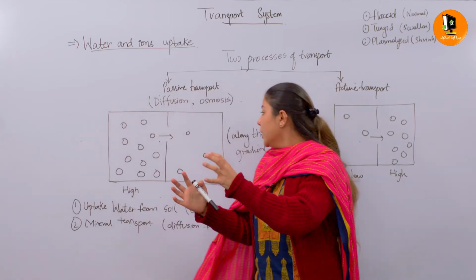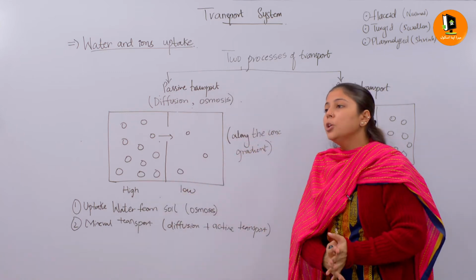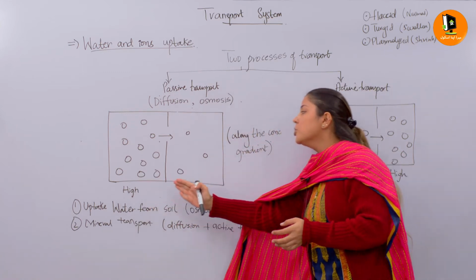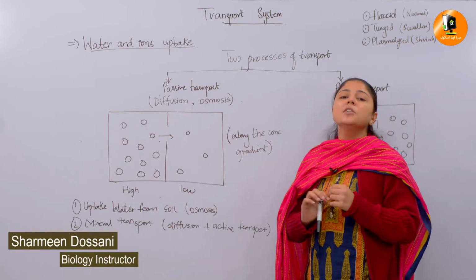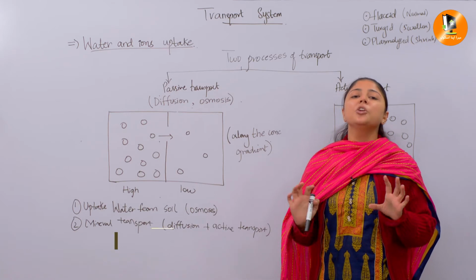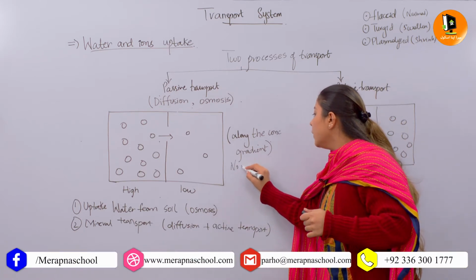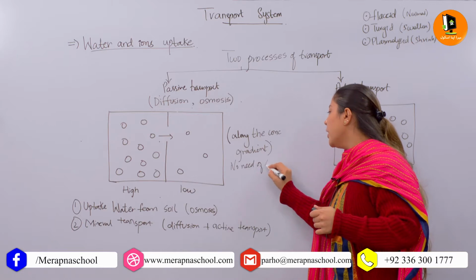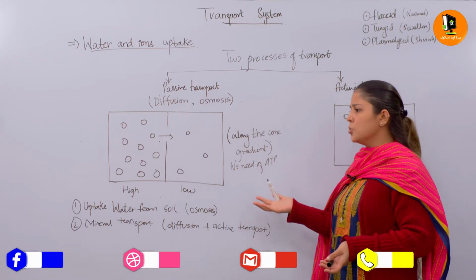Okay, here I just want to further clarify this concept. When the molecules are moving from the higher concentration to the lower concentration, that is along the concentration gradient, there is no need of energy, no need of ATP, because the molecules are moving from higher concentration to lower concentration.